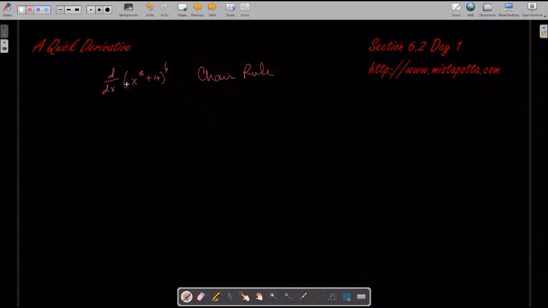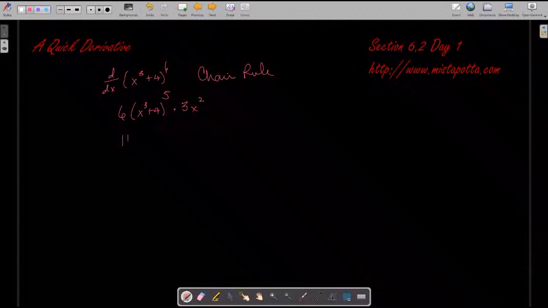So I end up with 6 times my expression x cubed plus 4 to the 5th times the derivative of what's inside the function, so times 3x squared.